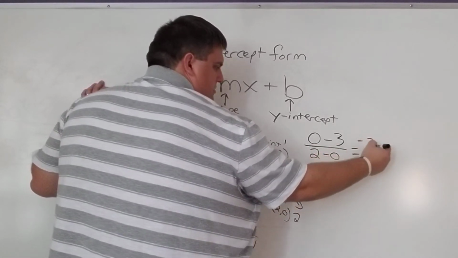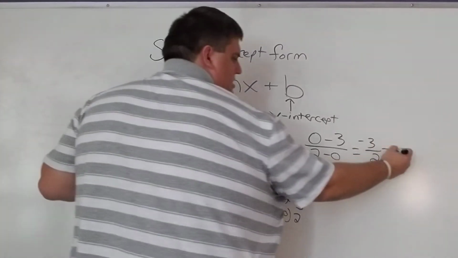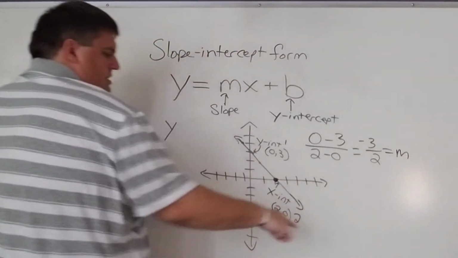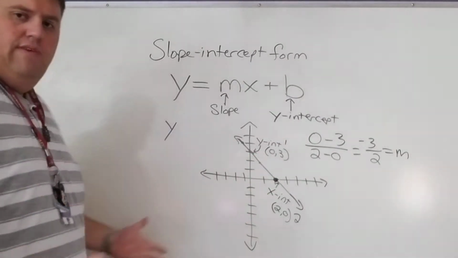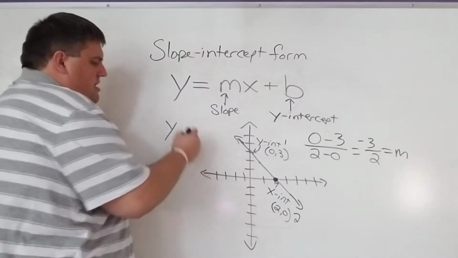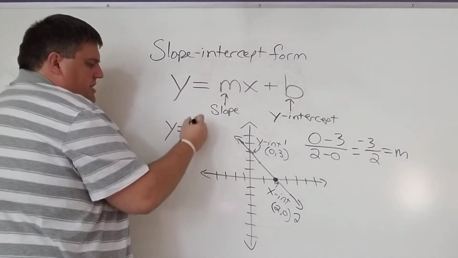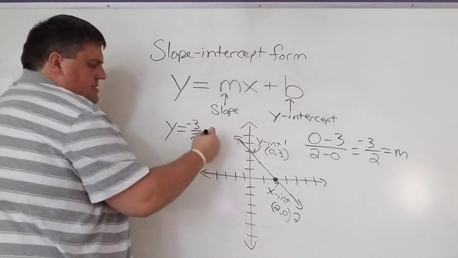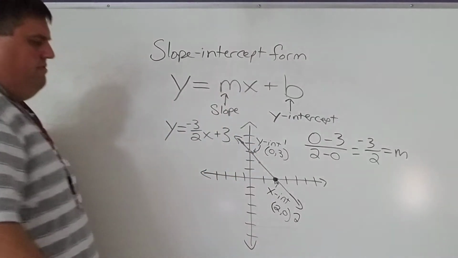And that'd be negative 3 over 2. So my slope in this line, I use my slope formula from yesterday, and I just found the slope between those 2 points. So if I want to write this line in slope-intercept form, y equals negative 3 halves x plus 3, because it crosses at positive 3.